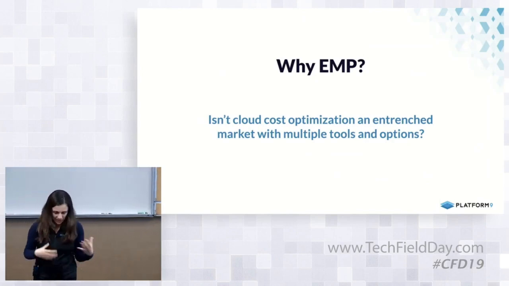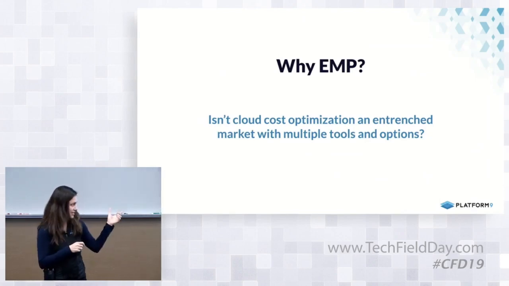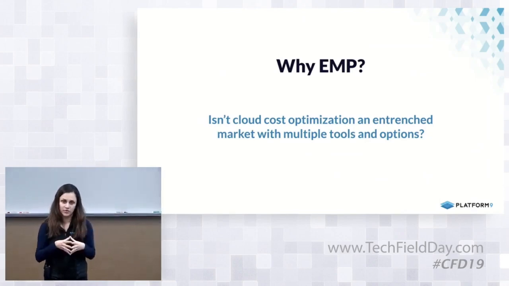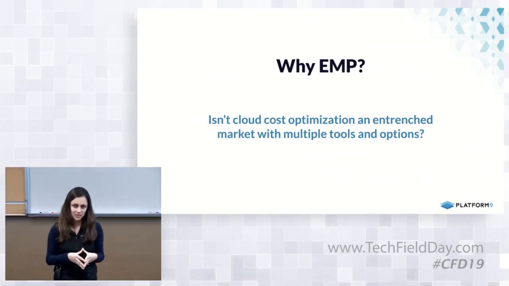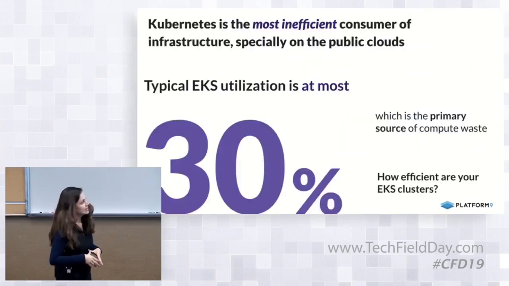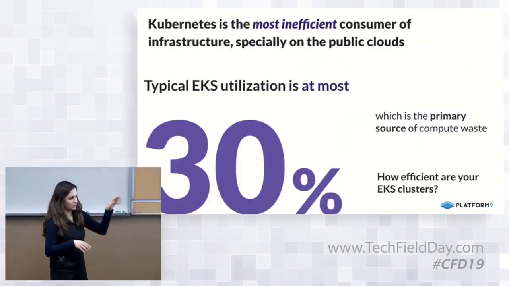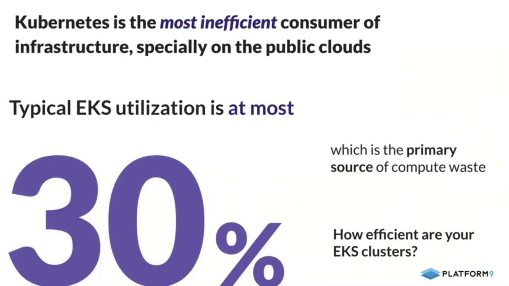Right. To answer that, I usually like to go back to a stat, which is the core of some of the data that led us to believe there is a problem that needs to be solved today, and that's why we created this product. When I show this number to people, it sometimes takes them by surprise.